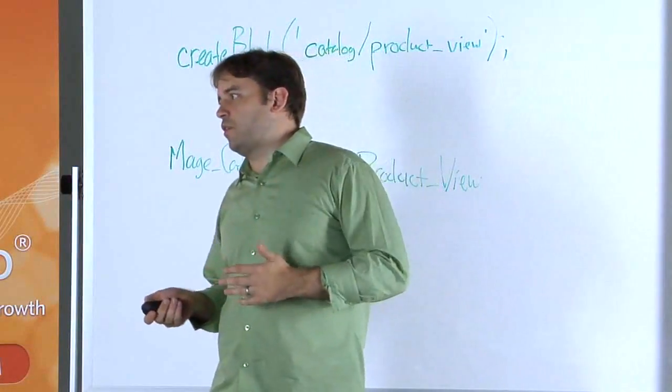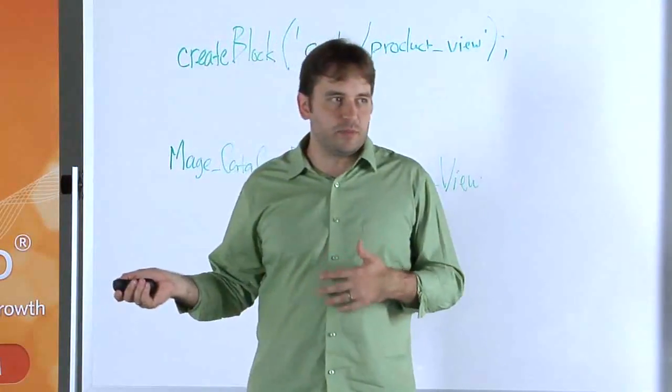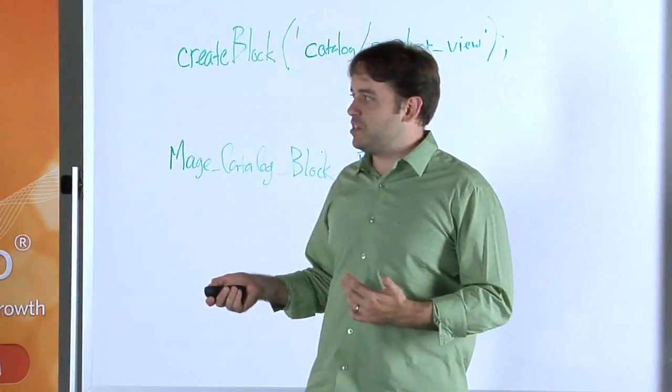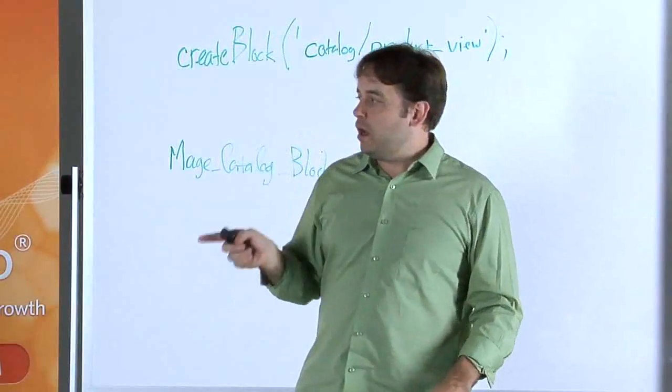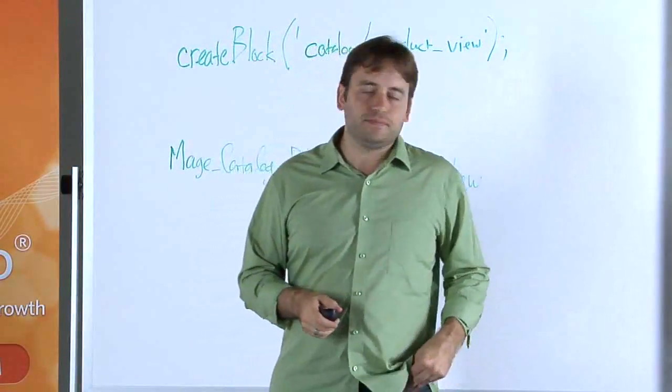I know I can look under app code local in my company's namespace, and if I see a module name that is identical to a core module name, I'll know that I'm probably rewriting something.